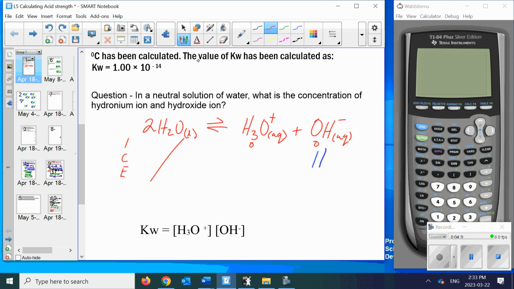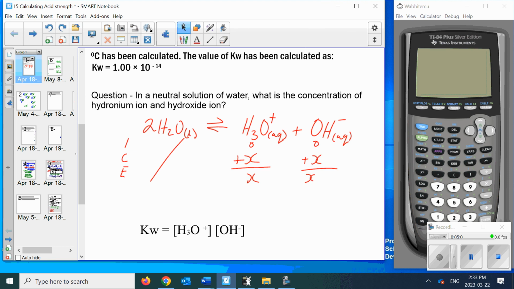Well, we're going to use x. Imagine you had 2x moles in a liter of water break up into its ions. So you get a single x of H3O plus, a single x of hydroxide. They're the same amount.